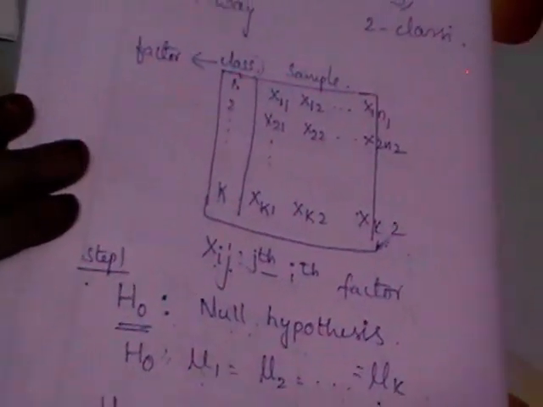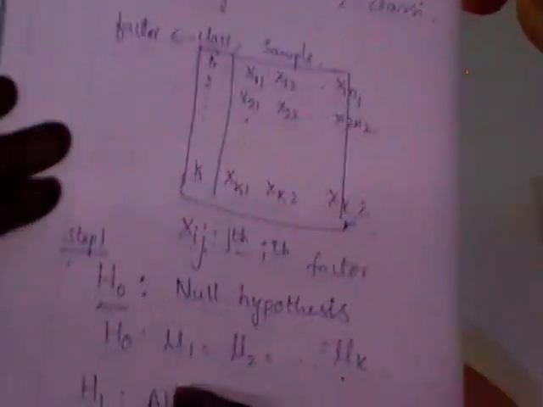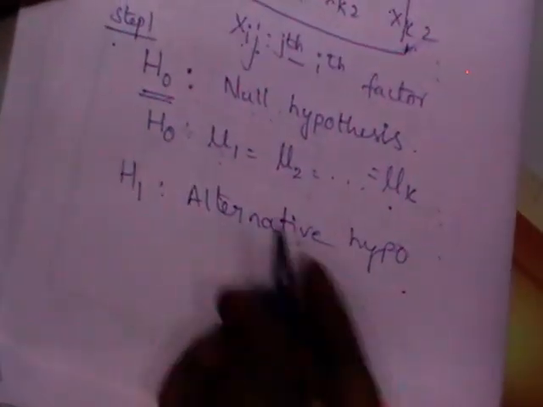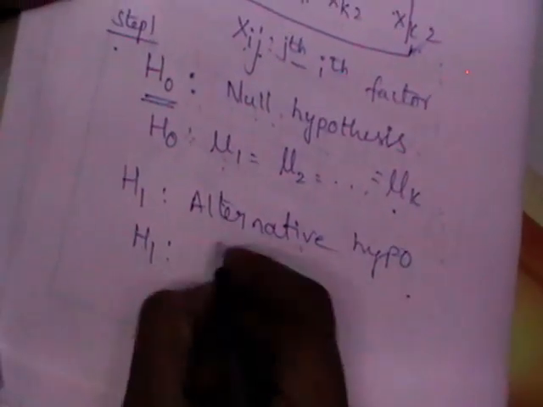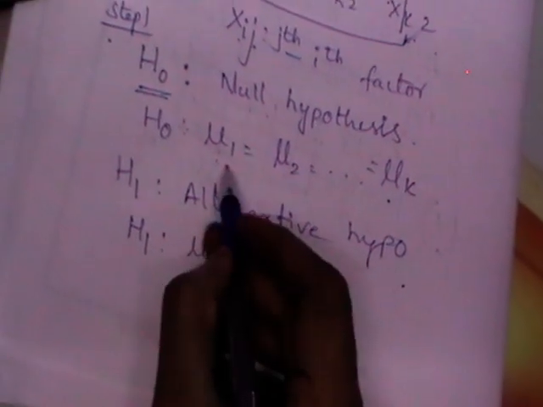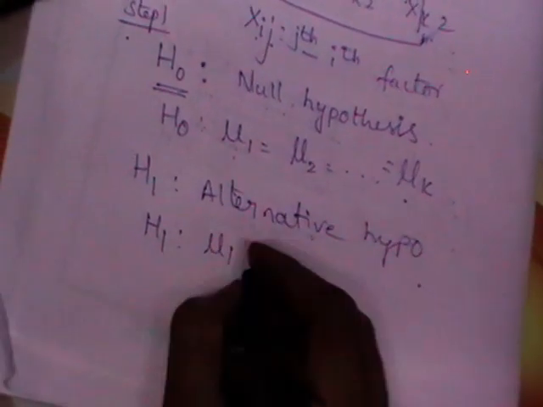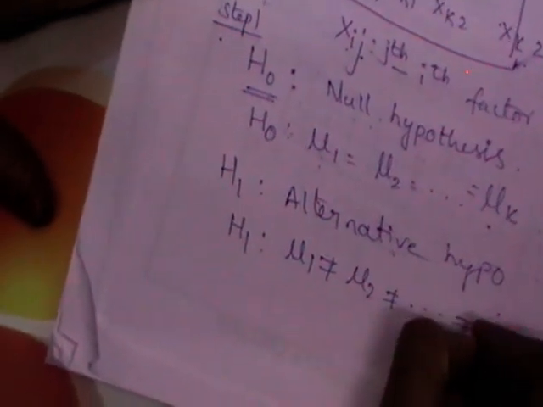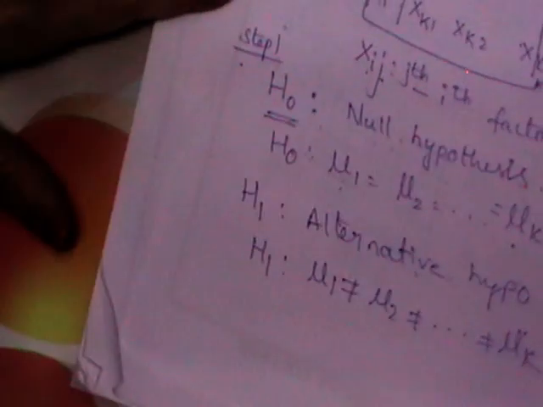After writing the null hypothesis, you should write H1, which is called the alternative hypothesis. The alternative hypothesis is always opposite to the null hypothesis. If the null hypothesis says all the mean effects are the same, the alternative hypothesis will be that the mean effects of the different factors under comparison are not the same.